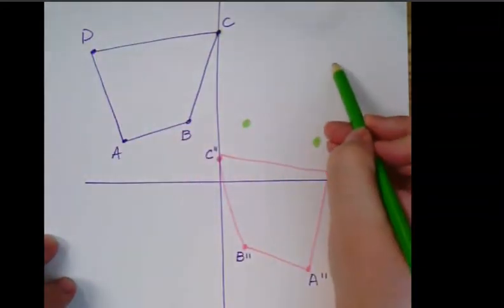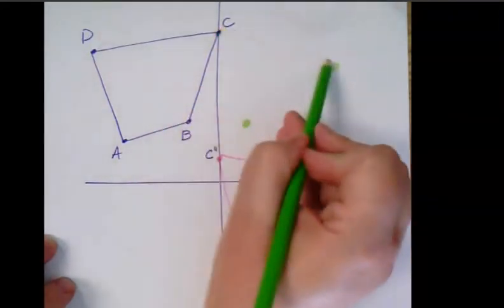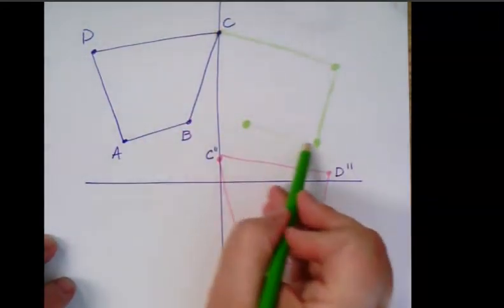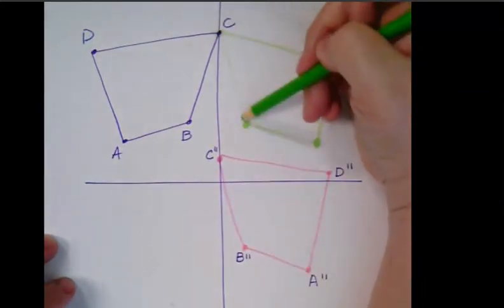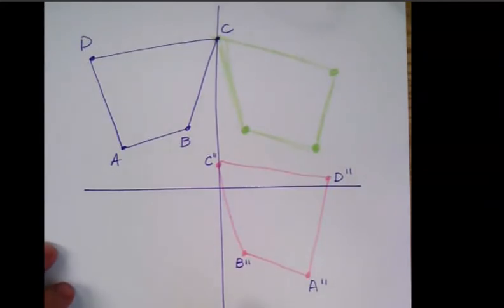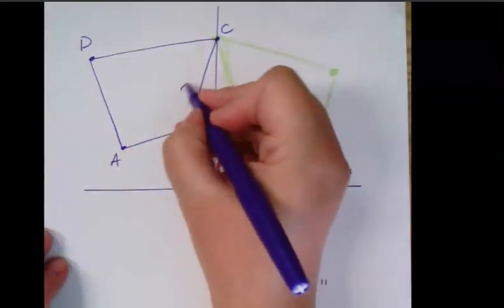D maybe here. And again, this is me sketching it roughly, so it's not exact. But you could use graph paper and get a more exact one if you want to. So yeah, that seems right, that that's where it is after the first thing I'm going to do, which is a reflection in the y-axis or across the y-axis. So that would be my first step.